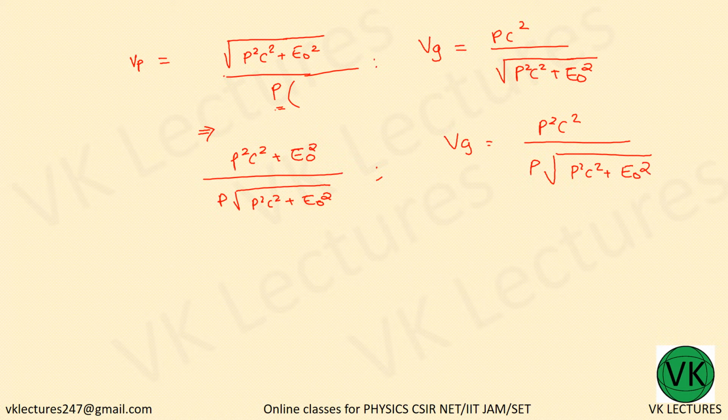Now can you tell me which is greater? Vp is greater than Vg, which means it's a normal dispersion.